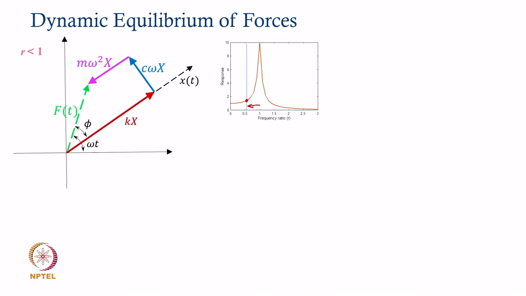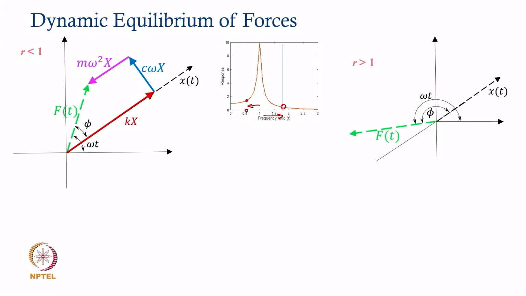Suppose this operation takes place at a frequency beyond the resonance or beyond the critical speed, then you are operating at a frequency ratio of more than 1, somewhere there as 1.7 or 1.8 or so. If that is the case, the response will lag the force by an angle phi, which is now going to be more than 90 degrees, and therefore, it is actually going to approach 180 degrees. So, the angle is obtuse here, and the force vector will look like what you see in this green colored dashed arrow.